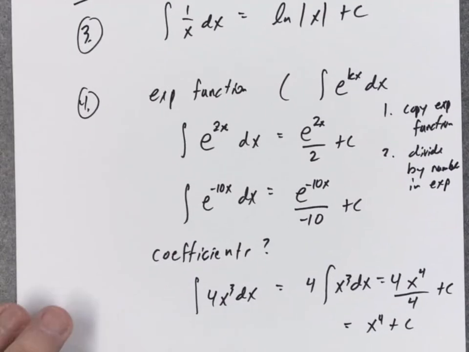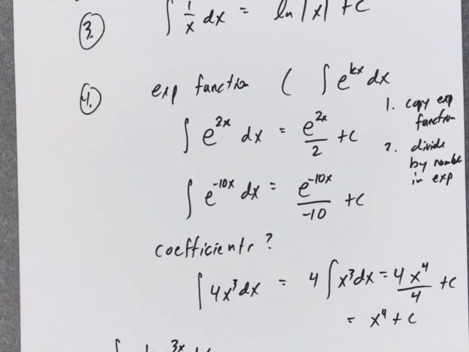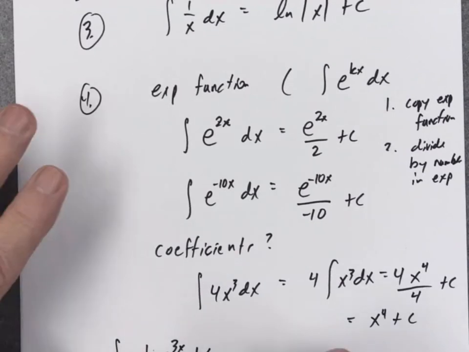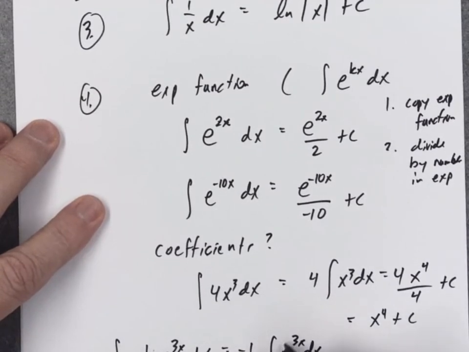So how about the integral of negative 1/2 e to the 3x? Negative 1/2 is a coefficient. You don't have to do this, but for now, just while we're learning, I'll actually move it out just to make it very obvious. It has nothing to do with the integral.